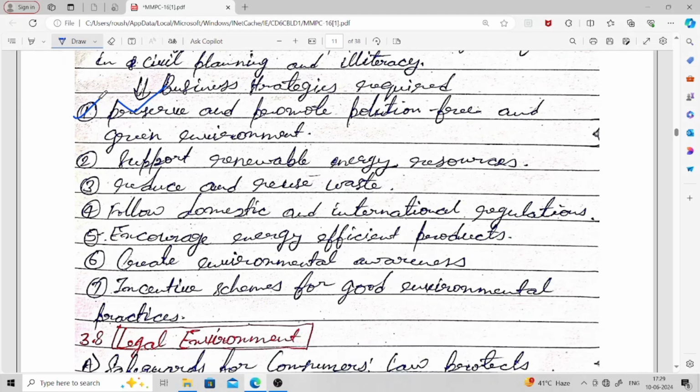Fourth, follow domestic and international regulations. Fifth, encourage energy efficient products. Sixth, create environmental awareness. Seventh, incentive schemes for good environmental practices. So these are the strategies which businesses can adopt to overcome such ecological or environmental issues.